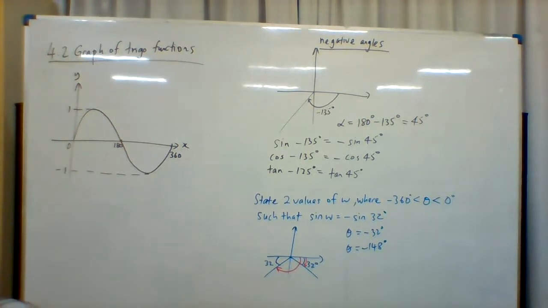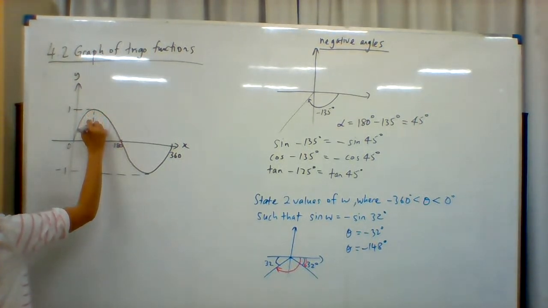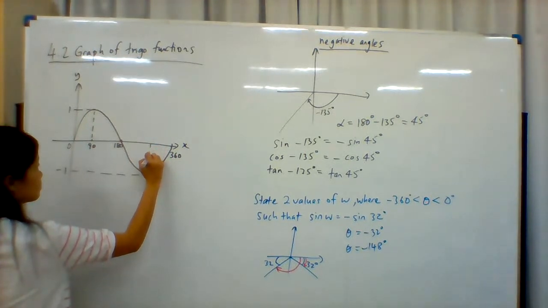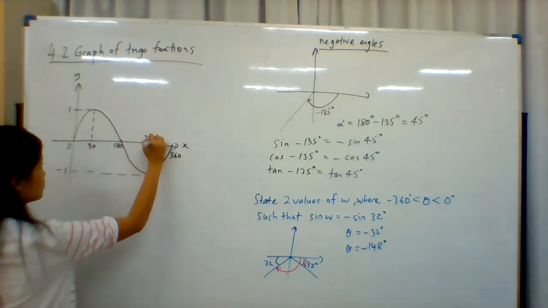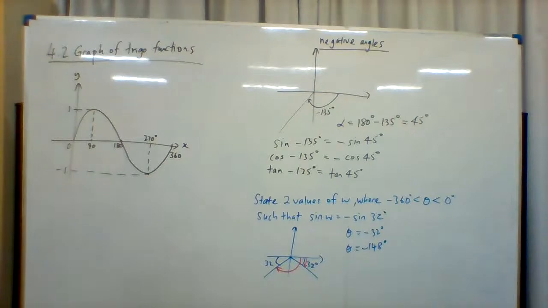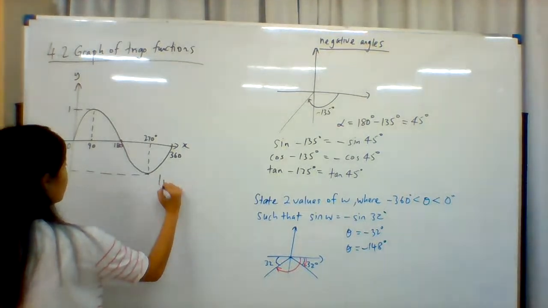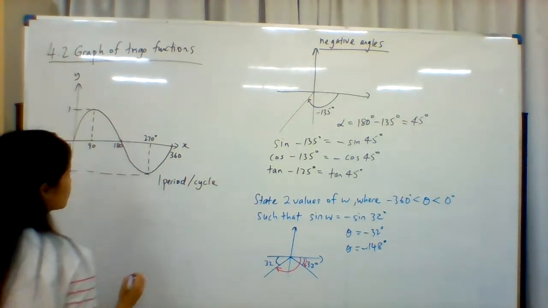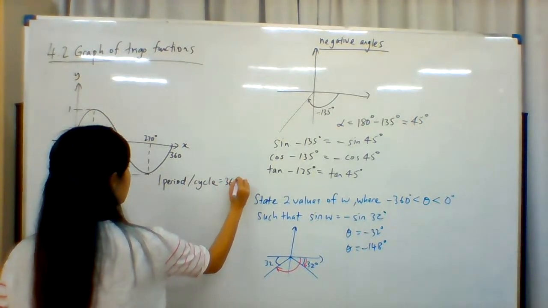At 90 and 270, these will be the x values for your maximum and minimum. Okay or not? And this is one full period or one cycle. So one full cycle will be 360 degrees.